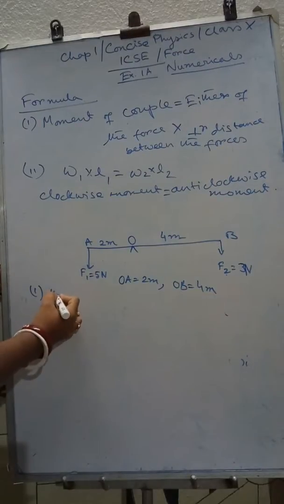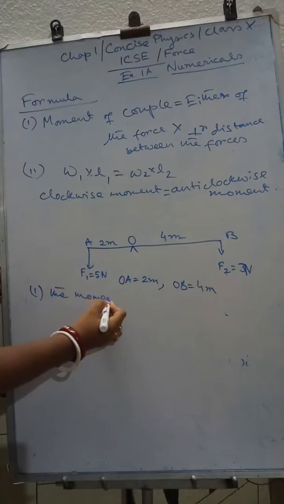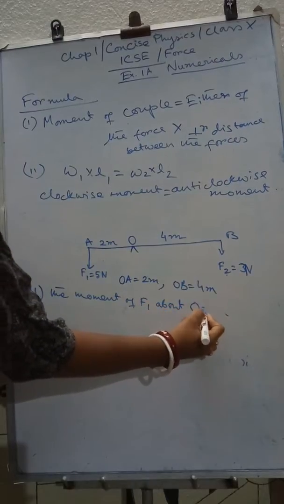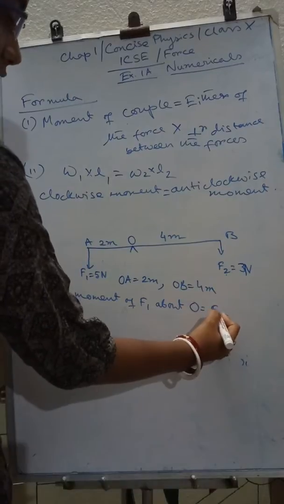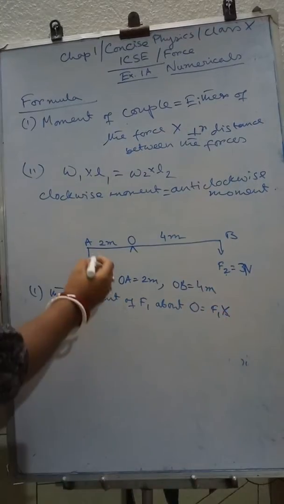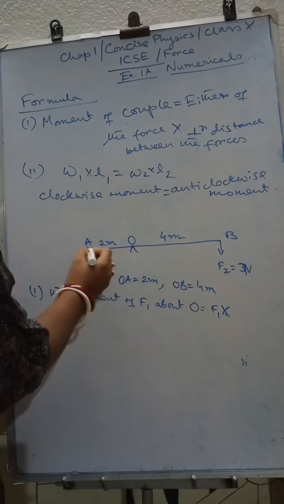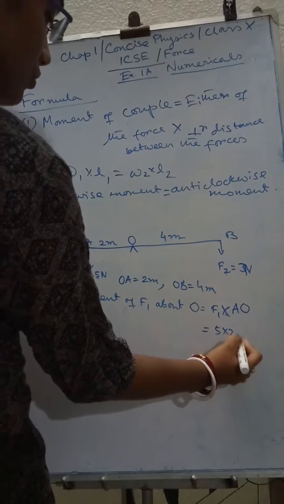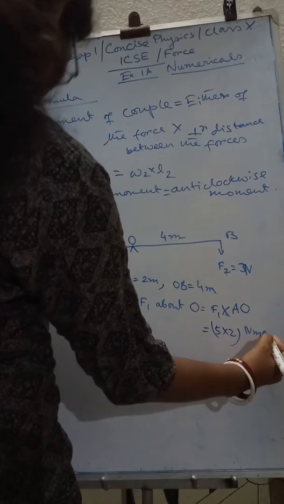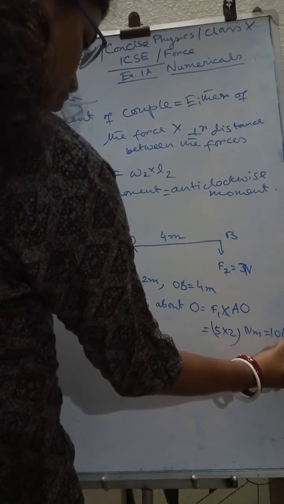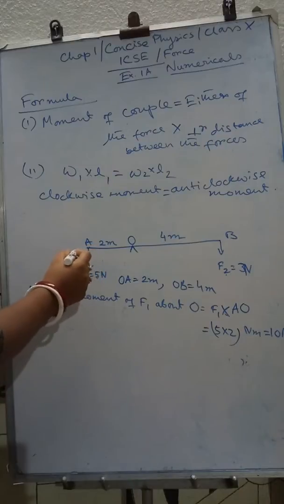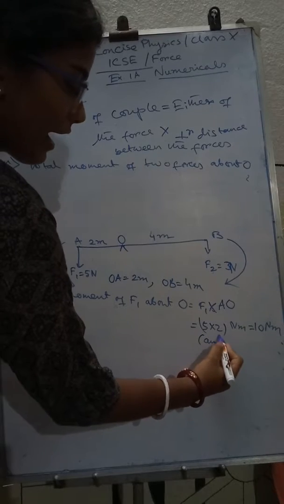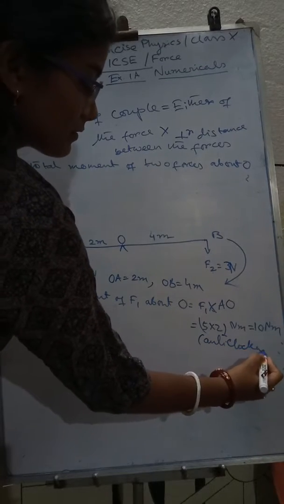At first we have to find the moment of F1 about O. So that will be the force multiplied by the distance AO. That means 5 into 2 Newton meter, that is 10 Newton meter, and the direction will be anti-clockwise.